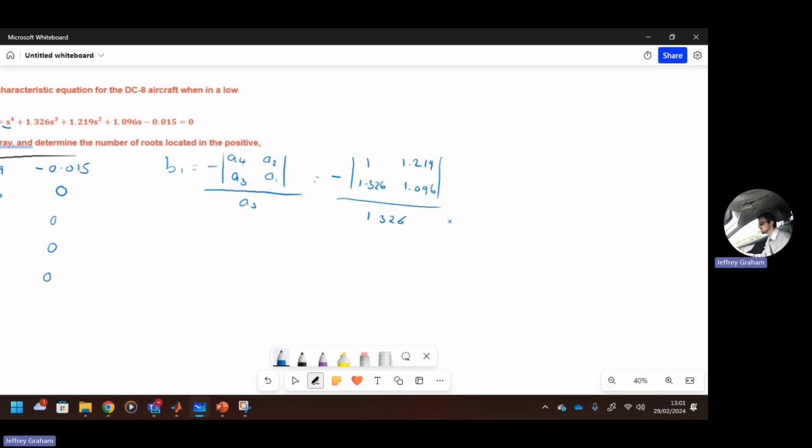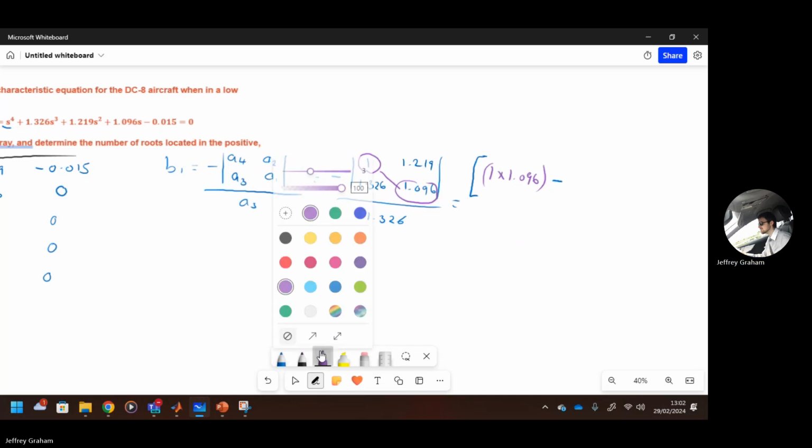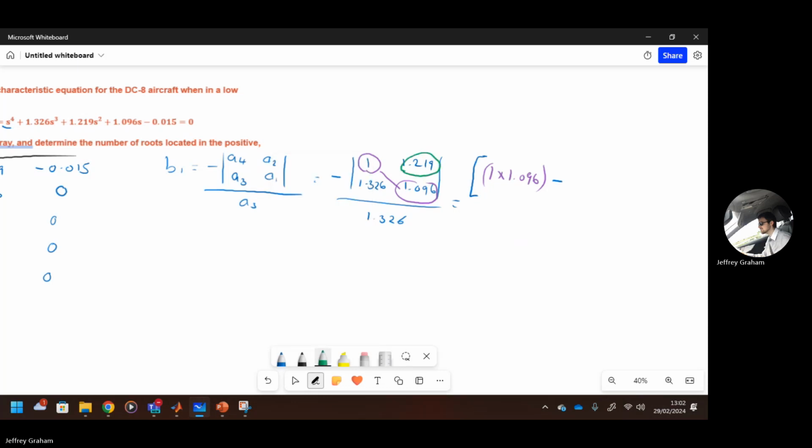Just a quick recap for determinants if you're not sure or you can't quite remember. Top left multiplies the bottom right, subtracts the top right multiplying the bottom left.